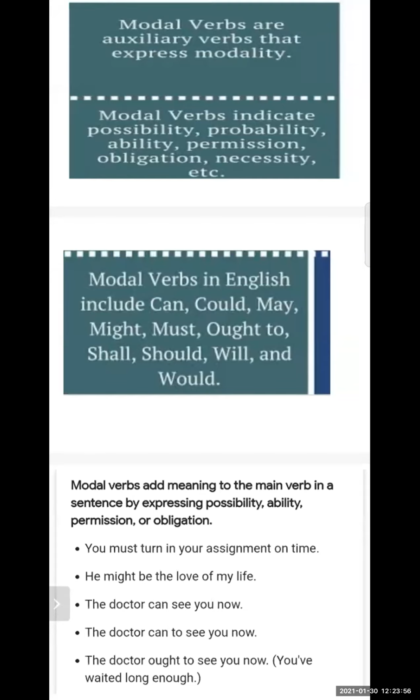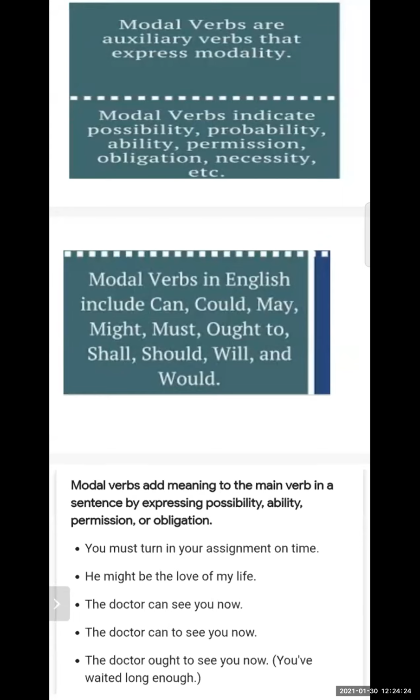With the help of these words and the main verb, we make a sentence which expresses possibility, ability, permission, or obligation. If you find this kind of sentence, students, you can say it comes under the modal verbs.